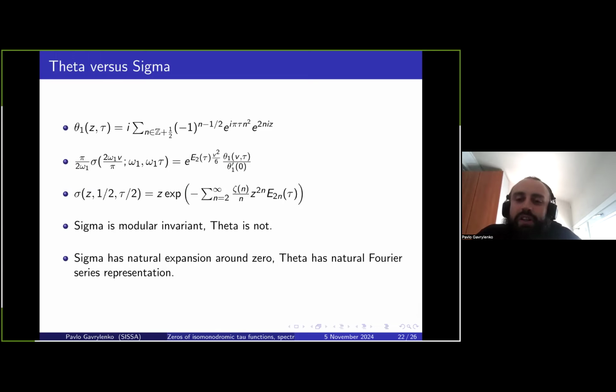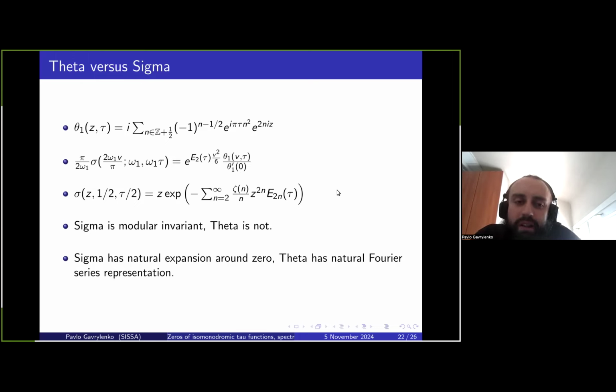There are theta functions that are given by some Fourier series, and there are sigma functions, which differ from theta functions by some quadratic exponentials. And the important difference between sigma and theta is that sigma is a holomorphic function. It does not contain E2. It contains E4, E6, and the polynomials of them.